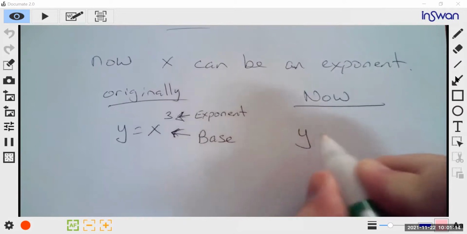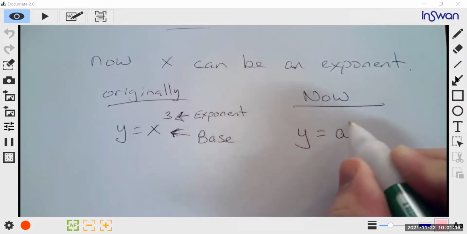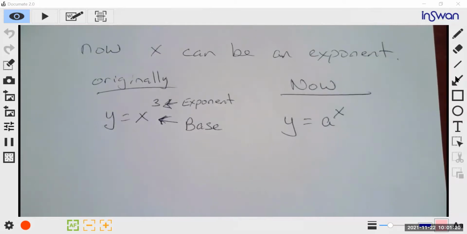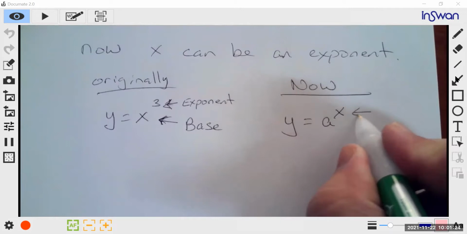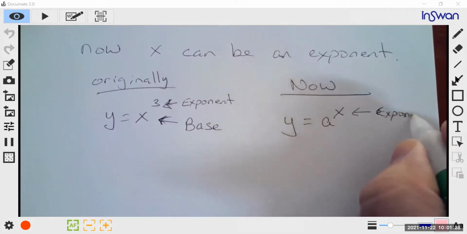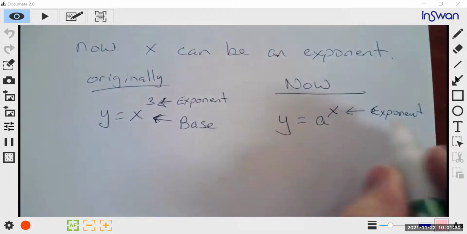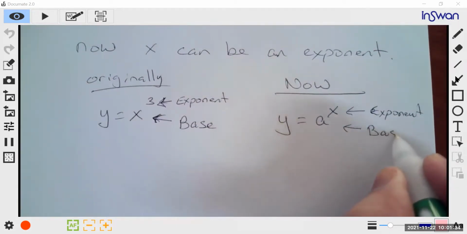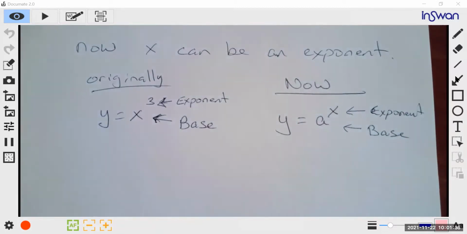Now we can have an equation that looks like this. The exponent is our x, and the base is a. It's a number.